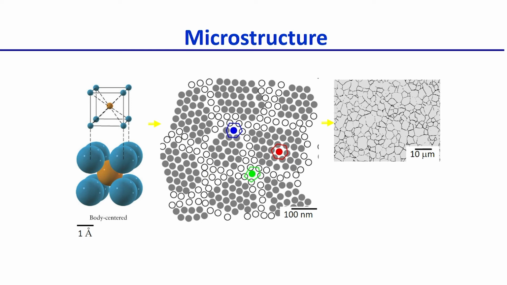Now I arrange the body centered cubic unit cells in each of these areas in one way. Here I am arranging this way, 1, 2, 3, 4, 5, 6. Similarly here also, but here you see it is different.